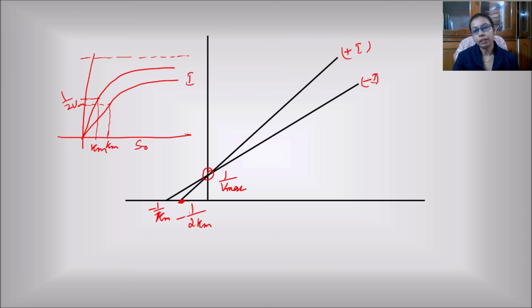So either in the Lineweaver-Burk plot, the Briggs-Haldane, or the Michaelis-Menten graph, we will see that the competitive inhibitor directly affects the Km value by the factor alpha, or we can say that the Km value will increase in the presence of the inhibitor. It will not affect the Vmax.